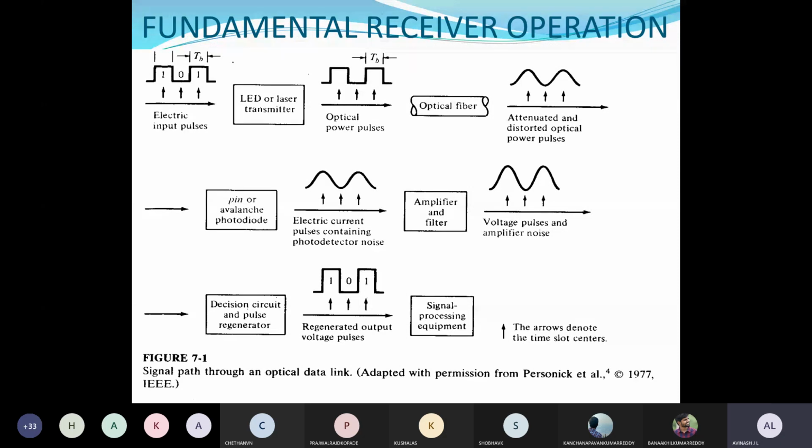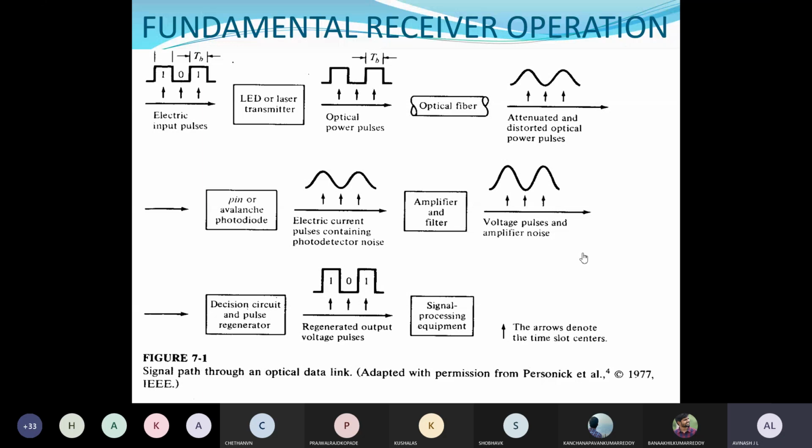Do you have any doubt in this particular diagram? Any one of you? I'll give 5 minutes of time.